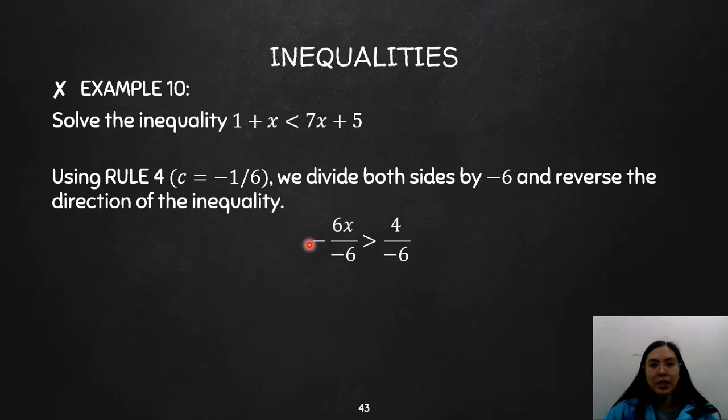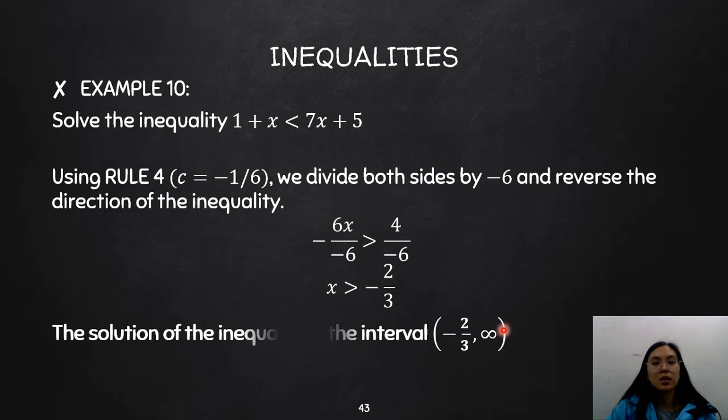So we have here negative 6x divided by negative 6 kasi we multiply it by negative 1/6 is greater than 4 all over negative 6. Of course, yung negative 6 dito tsaka negative 6 dito magka-cancel out, leaving us with a final answer equivalent to x is greater than negative 2/3.